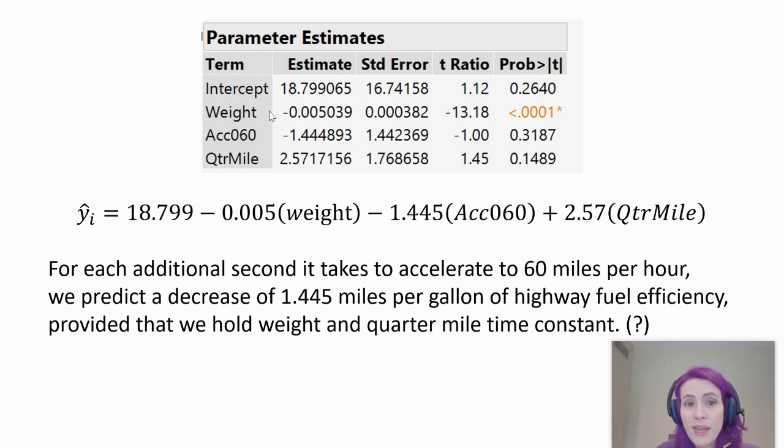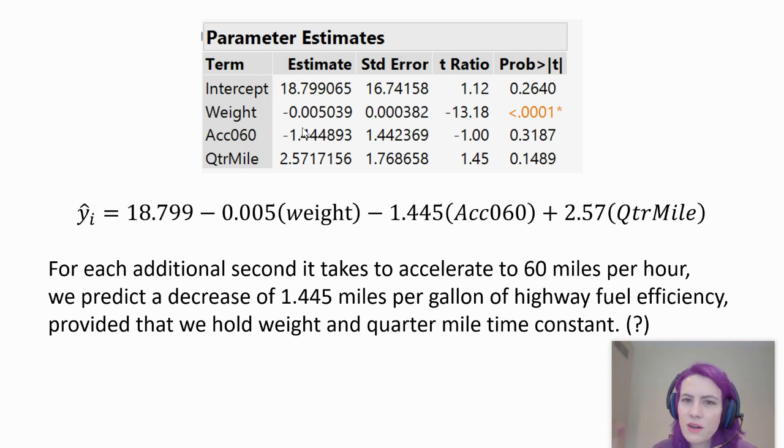So for the weight, it's a negative estimate for the beta coefficient. So that makes sense, right? We said there was a negative correlation between weight and highway miles per gallon. How about this partial slope for the acceleration, though? That one's negative as well.